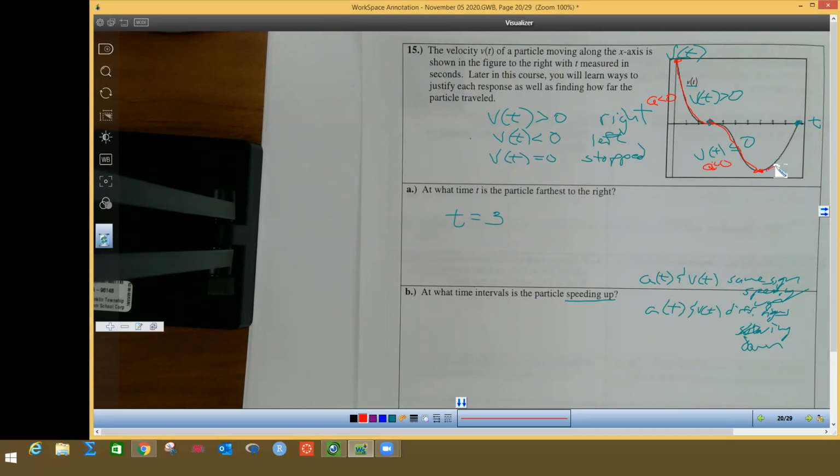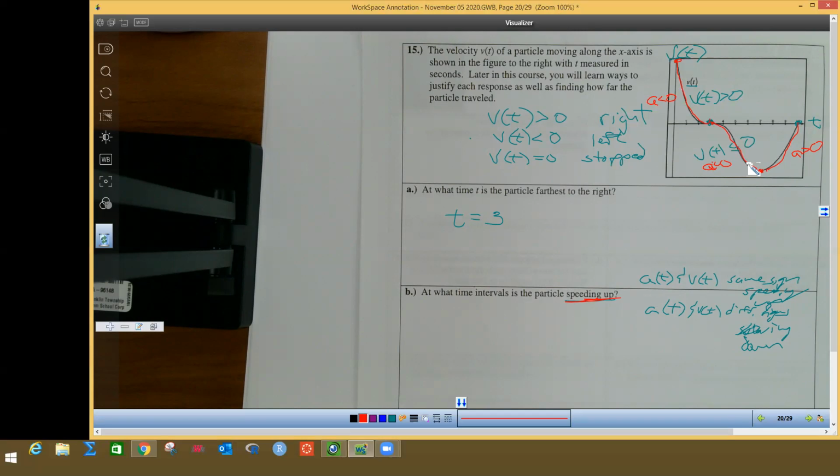What's the slope on this side as I'm going up to there? Positive. So I'm looking for where velocity and acceleration have the same sign, because I want speeding up. So here, acceleration's negative, velocity's positive. So from 0 to 3, it's slowing down because the signs are different.